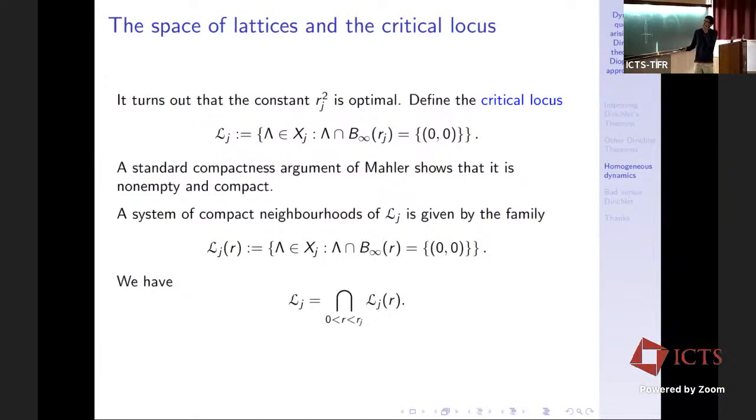Okay, and then you also have a very natural system of neighborhoods of this compact subset, which is L_J(R). It's the set of all lattices Lambda in X_J which don't have a very short vector, a vector shorter than length R.